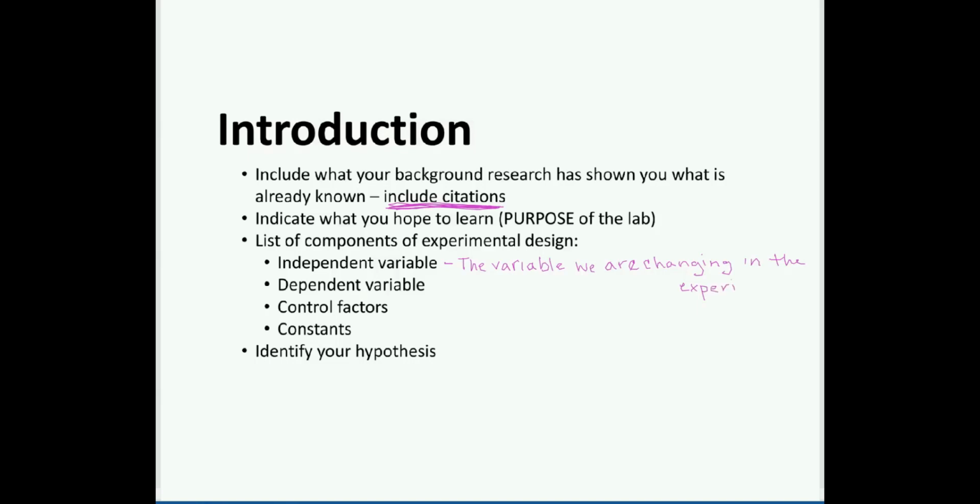Let's say that we are changing the amount of water that each seed gets. The amount of water would be our independent variable. And then if we're measuring how large the plant gets or how quickly it germinates, that would be our dependent variable because it depends on the variable we change.